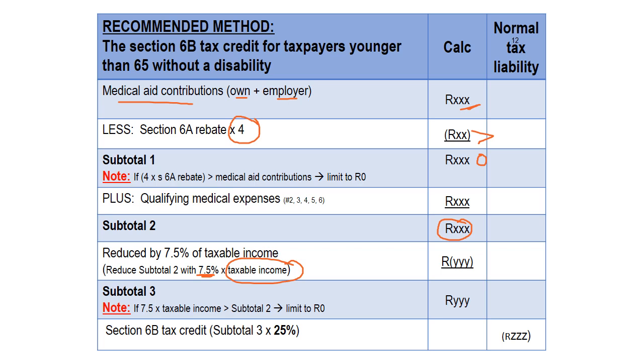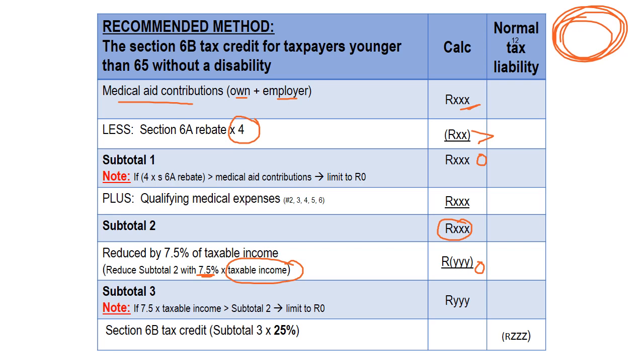So you are going to calculate 7.5% of your taxable income that you calculated over there in the framework, and you are going to deduct that against subtotal 2. If your 7.5% multiplied by taxable income calculation is higher than subtotal 2, again, here you will end up with a 0. You cannot have a negative amount.